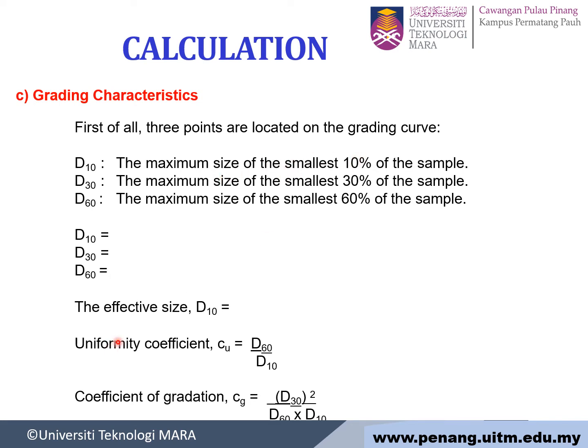Effective size is D10. The uniformity coefficient Cu is D60 over D10, and the other equation is Cg, which is D30 squared divided by D60 times D10. This is used to determine the grading characteristic.